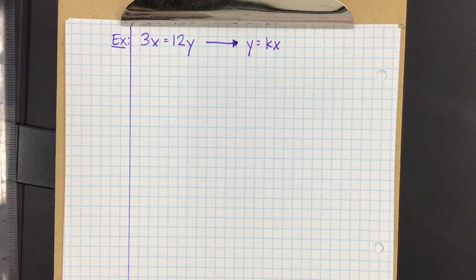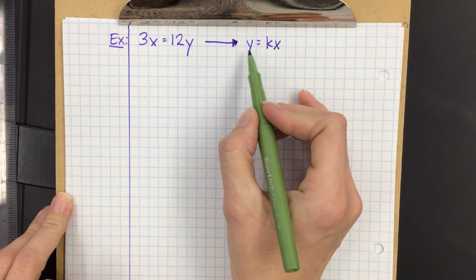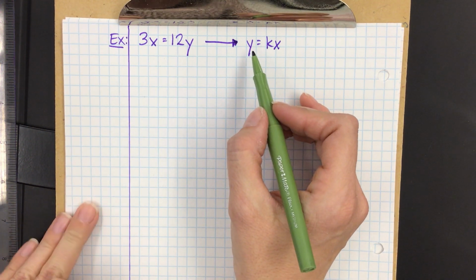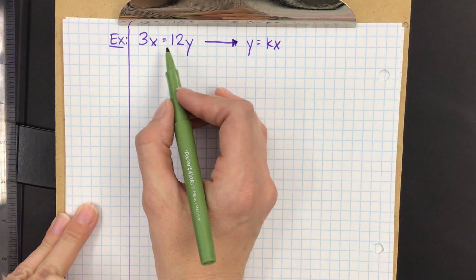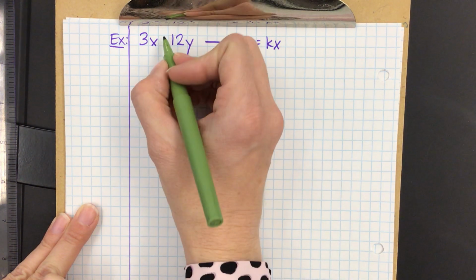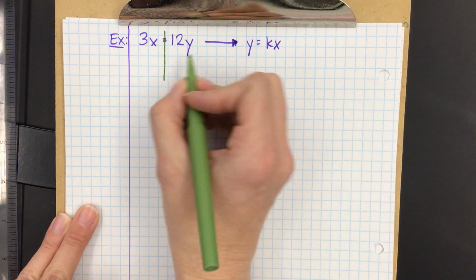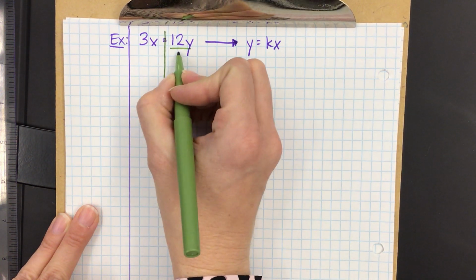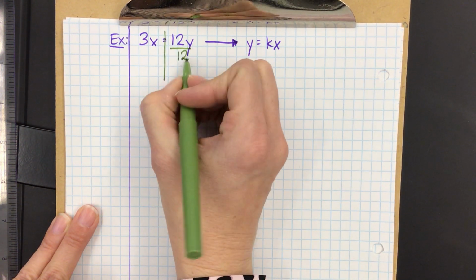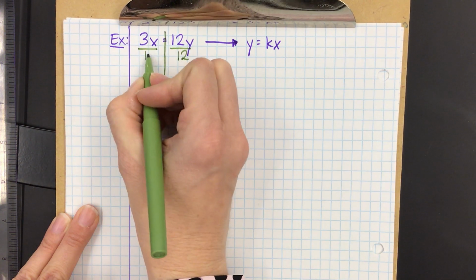Okay, so if you look at this equation, it needs to be solved for y. But right now, y is being multiplied by 12. But you have all these great skills from the last couple units we did, and you can use inverse operations to divide by 12 here to get y all by itself.